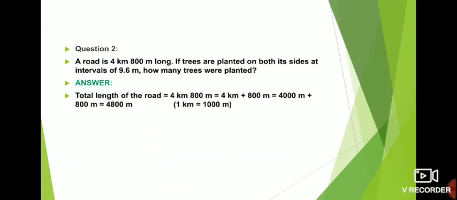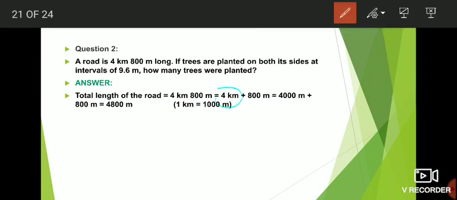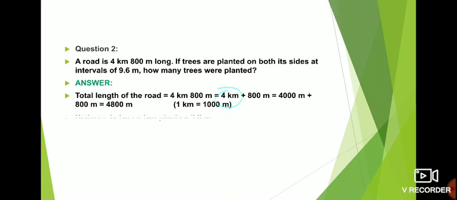Okay, see, the total length of the road is 4 km and 800 meter, means what? When we convert 4 km into meters, it will be 4000 meter plus 800 meter, which is 4800 meter. The length of the road is 4800 meter.